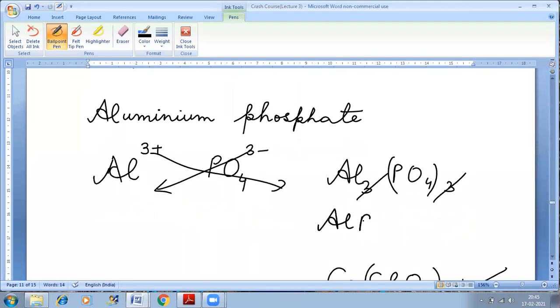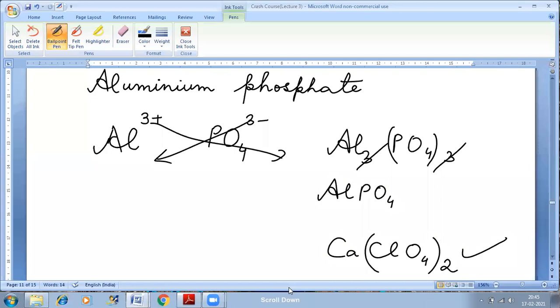And so I'm left with AlPO4. This is how I'm supposed to write the formula of any salt. Any doubt?